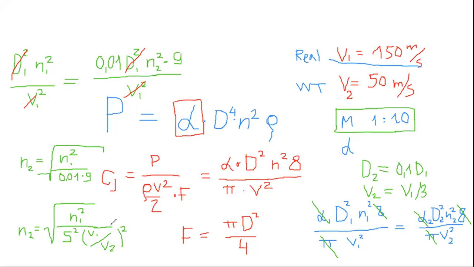As all values below the radical are squared, we just can, as I understand, remove it. So this is the formula to calculate RPM for the wind tunnel when we know the linear scale. This is the scale factor. We know the RPM of the real aircraft, and we know the ratio of the difference in speed between the real aircraft and the wind tunnel.